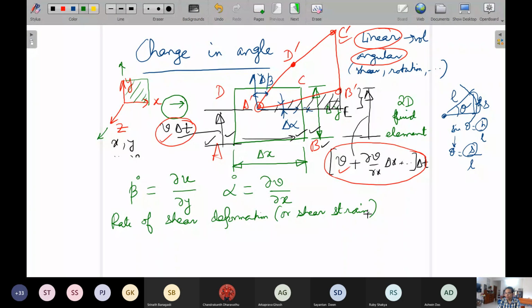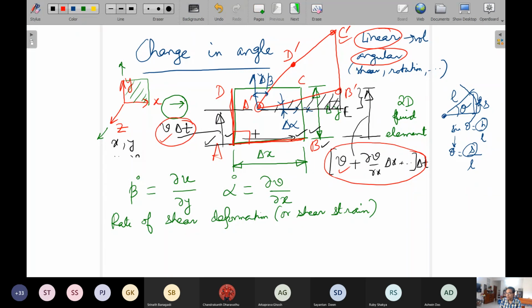Why I am saying shear is because I am trying to pinpoint the impact of change in angle in terms of physical shear. So first of all, one major difference between the fluid and the solid, what you can see here, is that if you mark these two line elements, originally their angle was 90 degree.